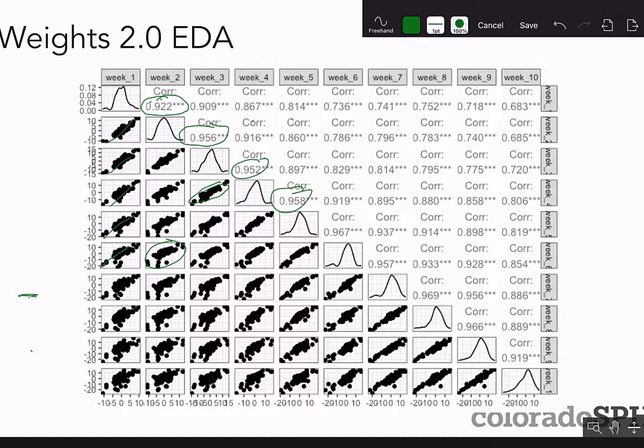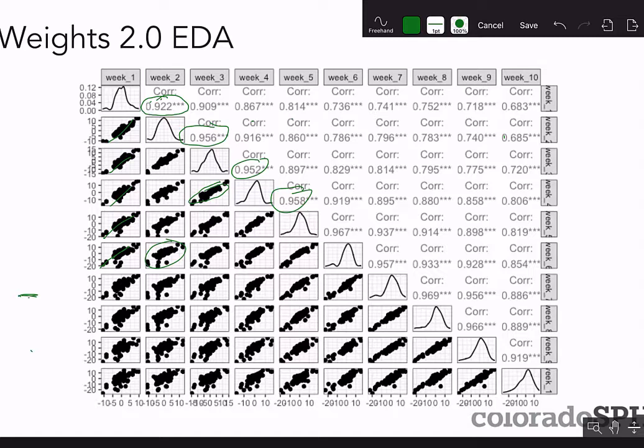And that seems to be relatively consistently true, that the correlation is decreasing over time, which to me is an indication that an AR1 correlation structure, an autoregressive correlation structure, might be appropriate here. And that's what I'm looking for when I look at these plots, what kind of correlation structure might be appropriate.